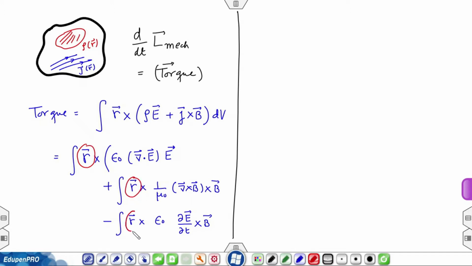The other things I have worked out in the previous lecture when we were talking about the electromagnetic momentum.